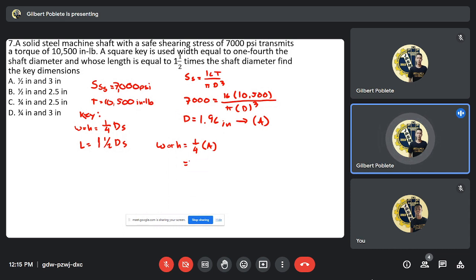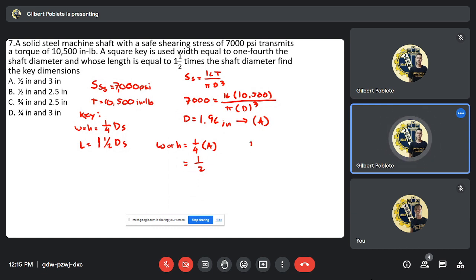So, magiging ano to, 1/2, kasi to is 2 na. So, 1/4 times 2 is equals to 1/2. 1.96, so pwede natin siyang i-round off na guys, kasi naka-fraction tong mga to.